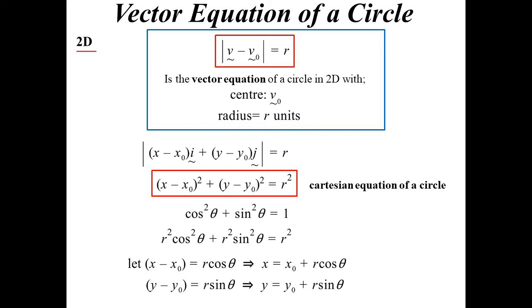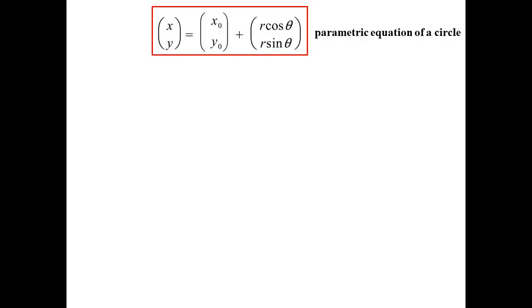So x is x naught plus r cos theta, y is y naught plus r sine theta. Well, let's write it as vectors, and there we have it. So there's that centre, x naught, y naught, plus r cos theta, r sine theta. r is fixed, theta in this case is the parameter. So as you substitute a different amount of degrees, the point will start moving around.